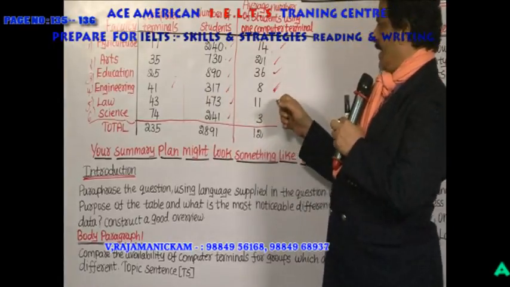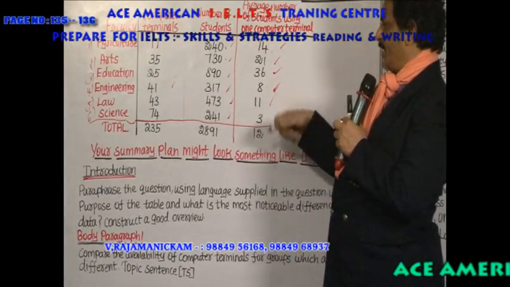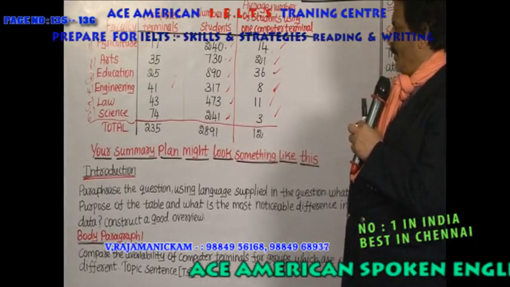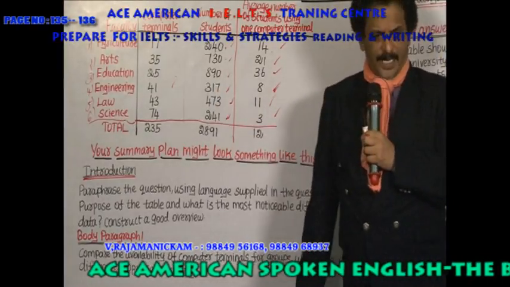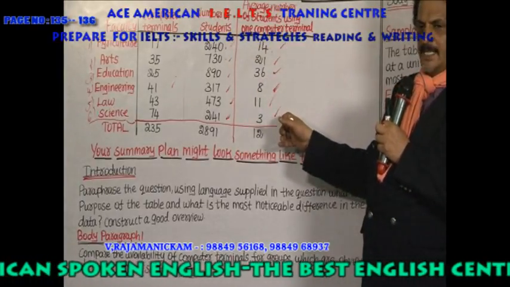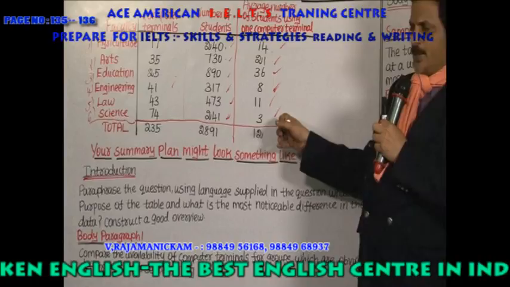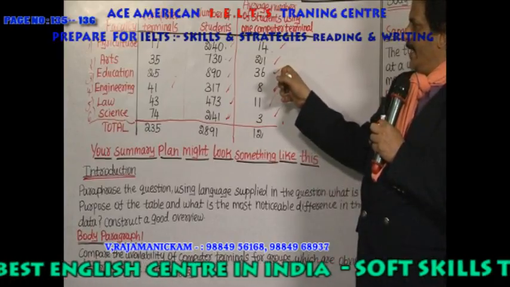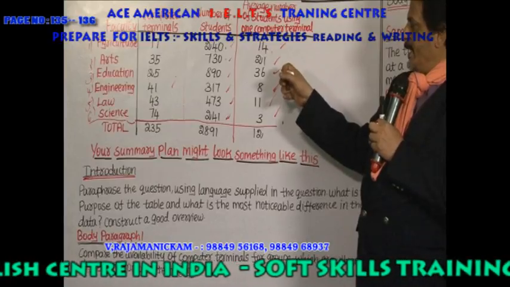Able to understand the data? Here, in science, 3 students are using one computer. But in education, 36 students are using one computer.